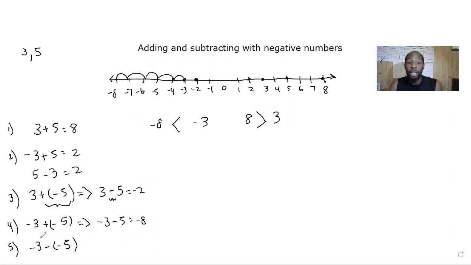So -3 minus -5 becomes -3 plus 5. Remember that. Subtracting a negative number is just adding that positive number. So your problem now is -3 plus 5, like we had out here, and that's just 2. This negative number becomes 5 units more positive, okay?